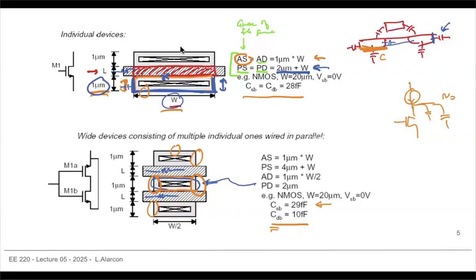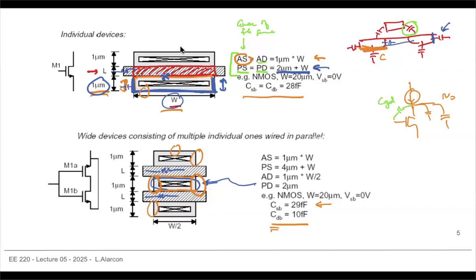Now, notice that this also gives us a certain amount of drain to bulk or drain to gate, or gate to drain. For example, this one, notice that it's still going to be the same, but one issue is that that gate to drain sort of appears here.